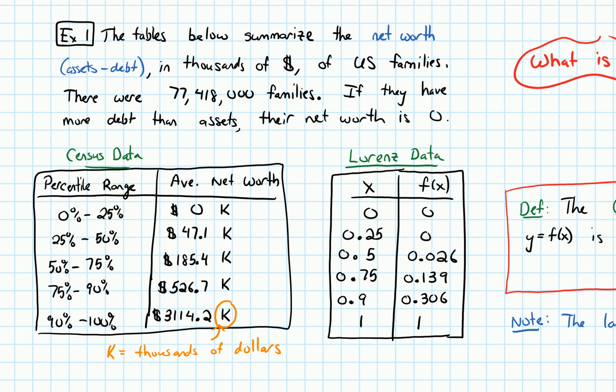Okay, so what about this table on the right? The table on the right describes Lorenz data. The way I read this is x is a percentile variable.